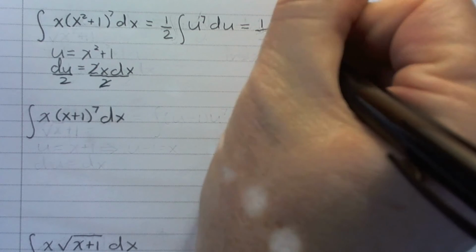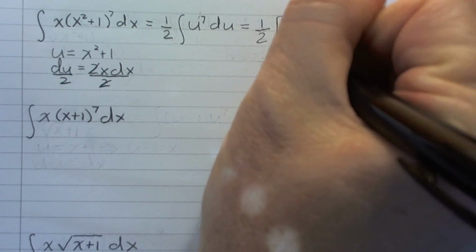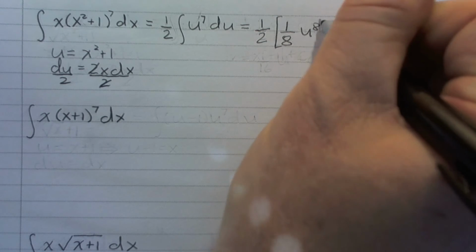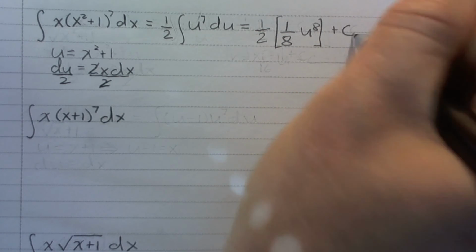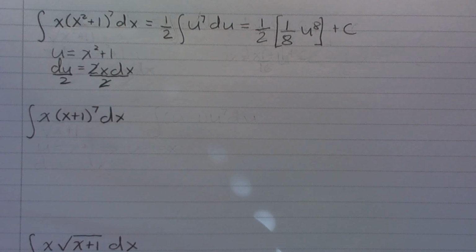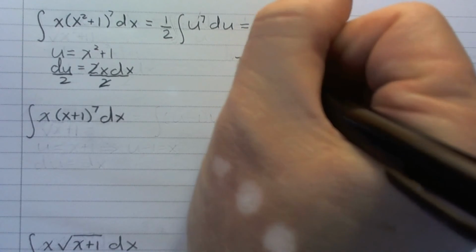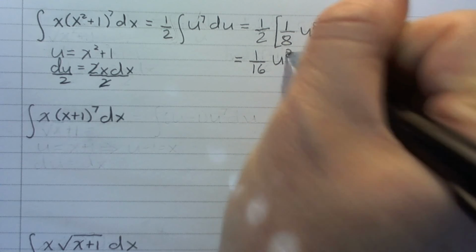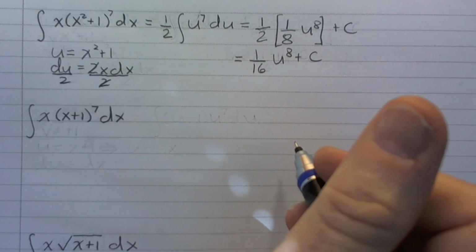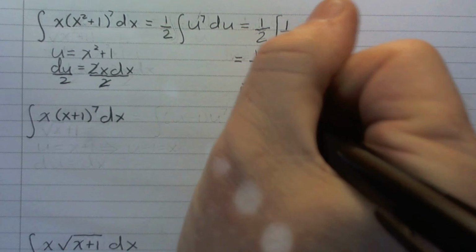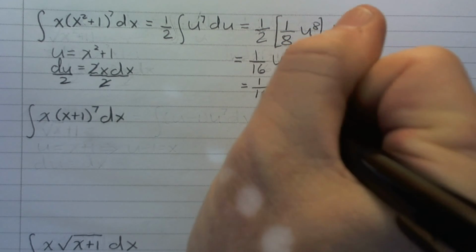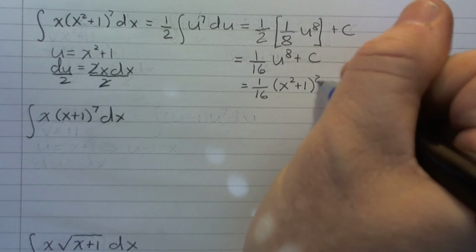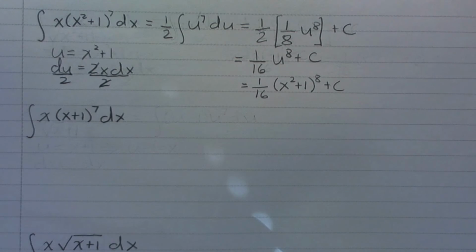This is 1/2 times 1/8 u to the 8th plus c. And there we have it. Of course, we probably want to say this is 1/16 u to the 8th plus c. And if you want, you can substitute back in. So this is x squared plus 1 to the 8th plus c. And there we have it.